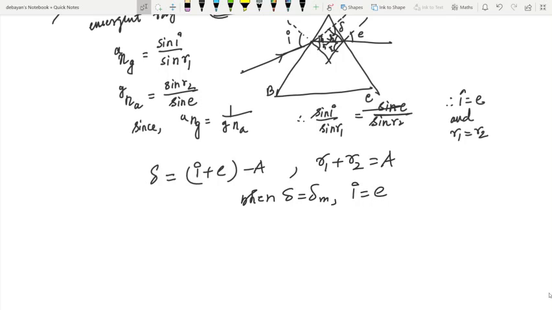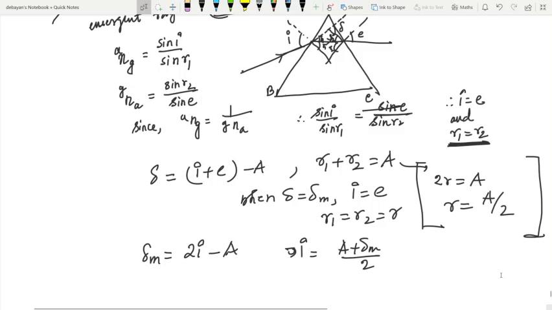And from the equation for A, this particular equation, the value of I is (A plus delta m) by 2, and the value of r is A by 2.